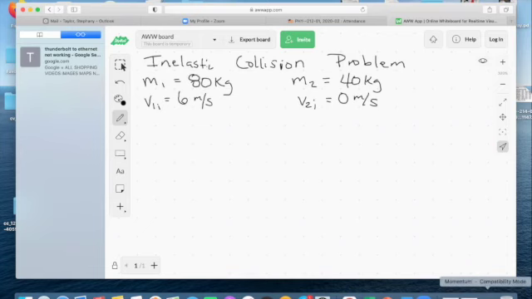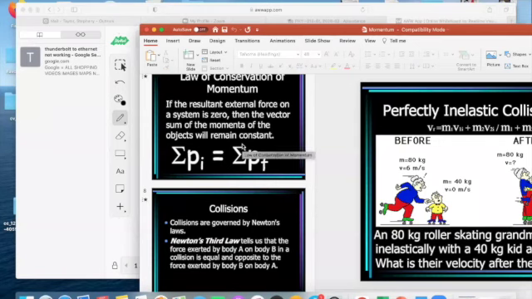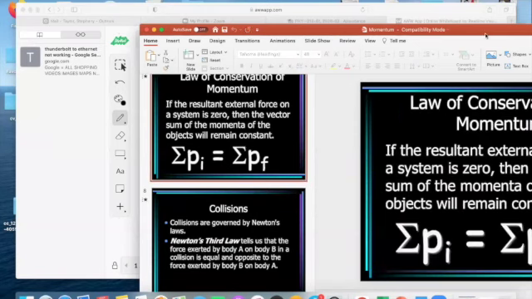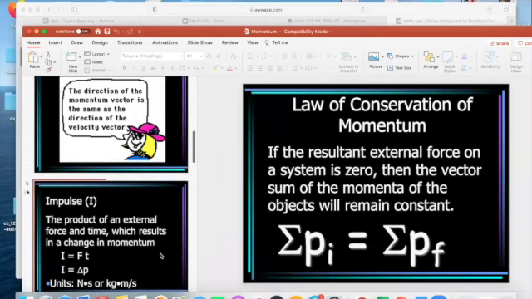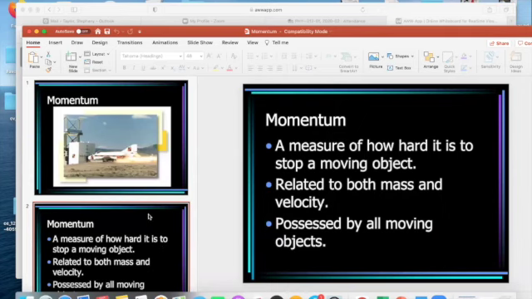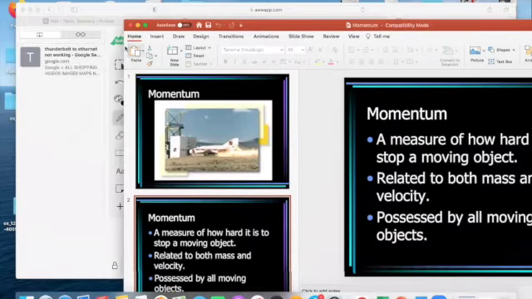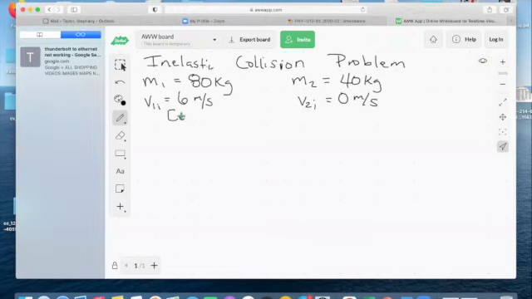All right, so if we go back into the slides, we will see that our conservation of momentum law says that the initial momentum is going to be equal to the final momentum. All right, and momentum itself is mass times velocity. So that's going to be our conservation of momentum equation.